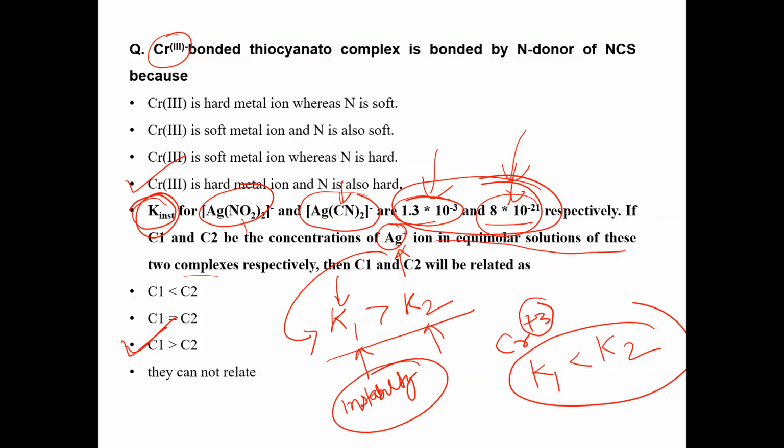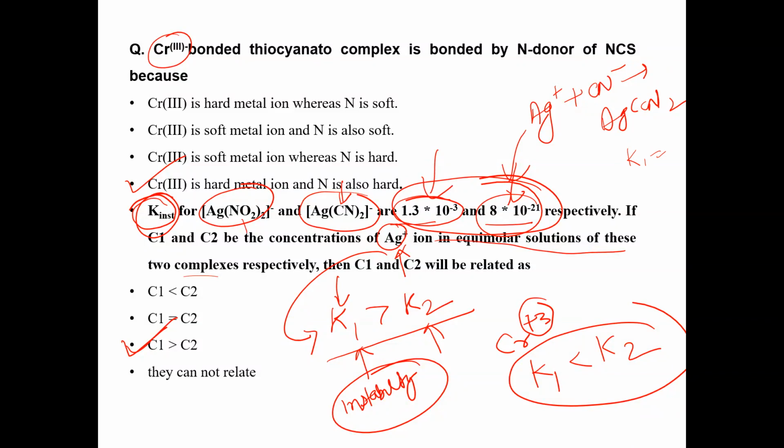So what it is basically telling about, simply, if I talk about this Ag plus forming this complex, and I talk about the stability constant, I'm not talking about instability constant. I'm talking about stability constant, that is related to the association.